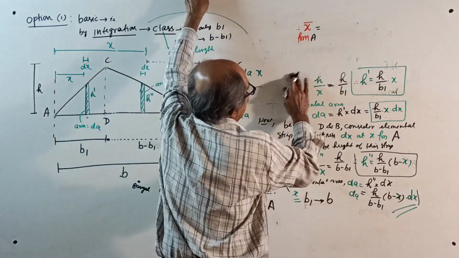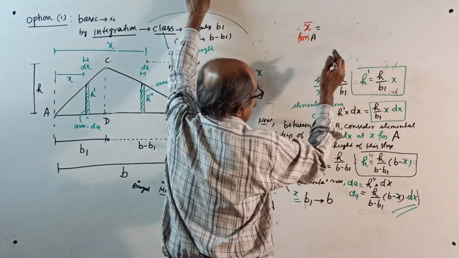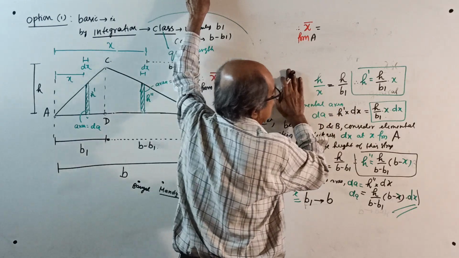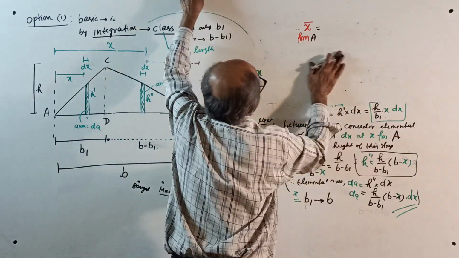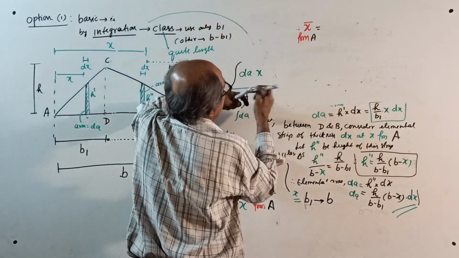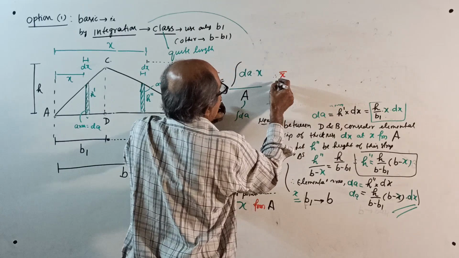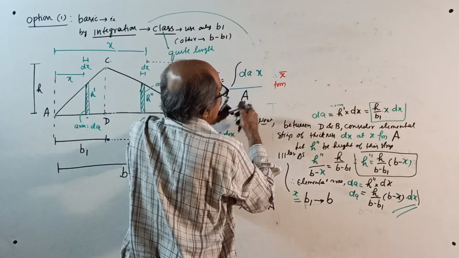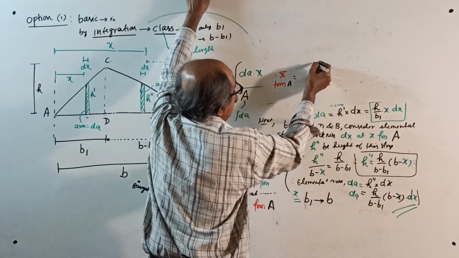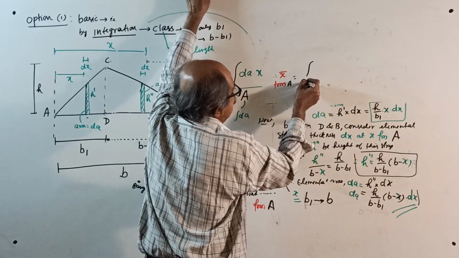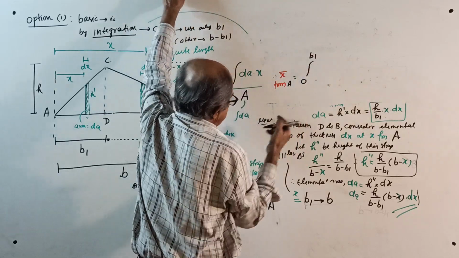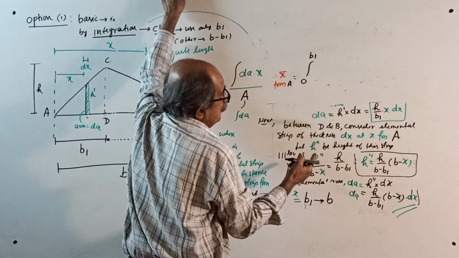Therefore, x bar from A equal to integration from 0 to B1. See, just now I told of the first area.